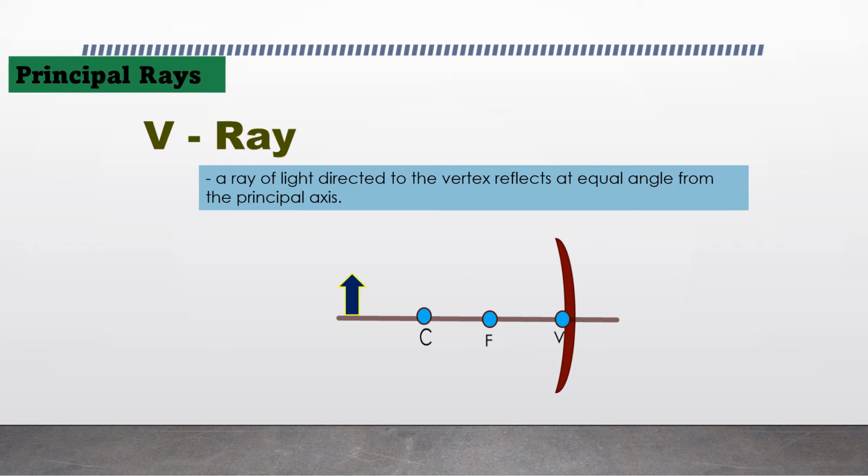Where should the incident ray pass? The incident ray should be directed to the vertex. It goes like this. And then the reflected ray should reflect at an equal angle from the principal axis. So now, it produces the angle of incidence and the angle of reflection.